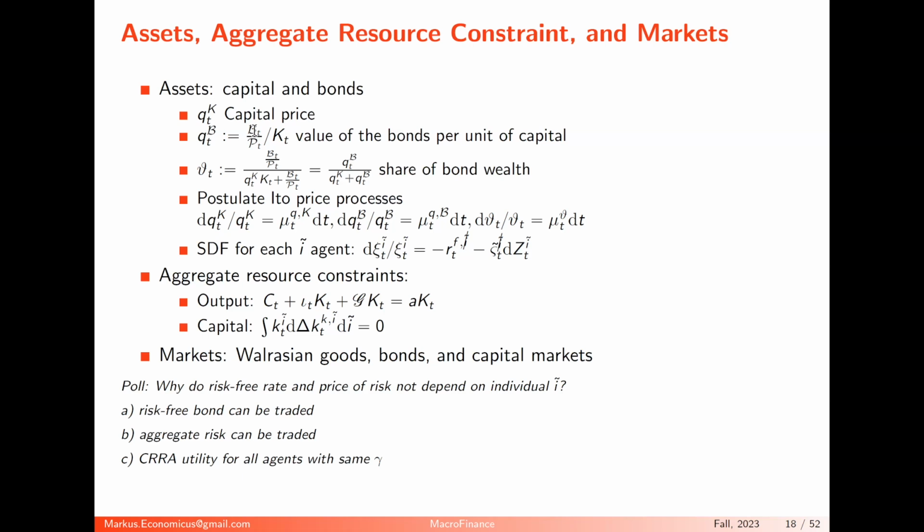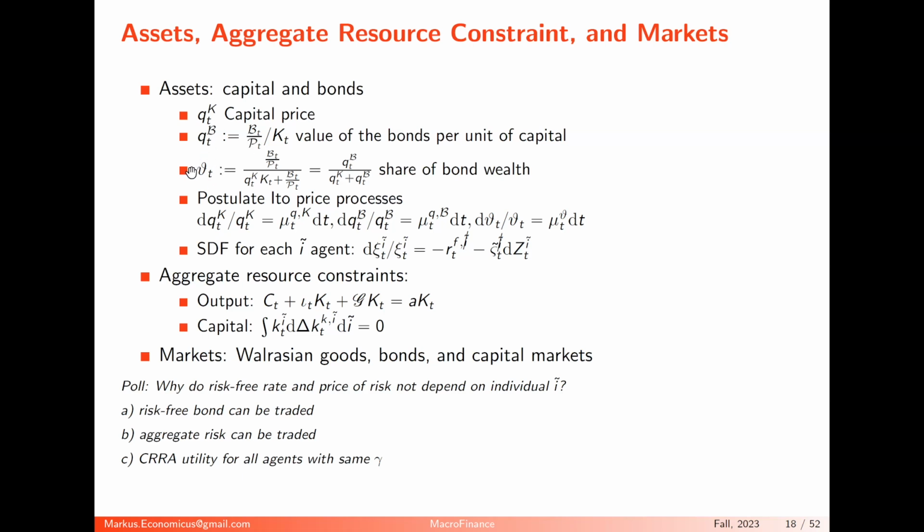If there are 10 bonds outstanding, it's the value of all 10 bonds. So this thing is in apples, and this cap B would be in dollars. Script P is the price of an apple.